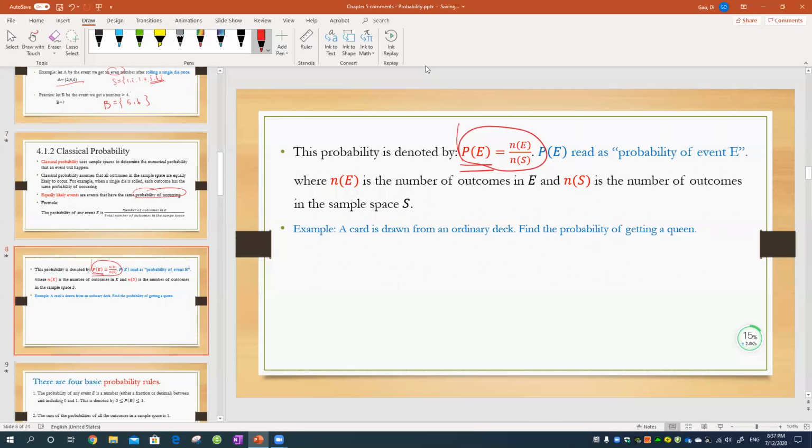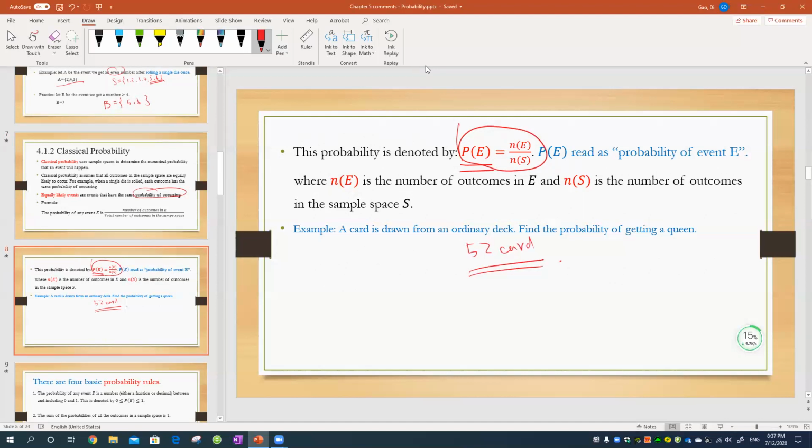Then for the example problem, a card is drawn from an ordinary deck. Find the probability of getting a queen. So for this one, we have 52 cards. And getting a queen, we have 4 queens, right? 4 queens.